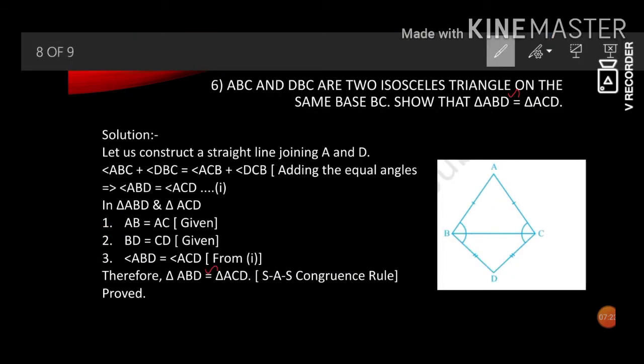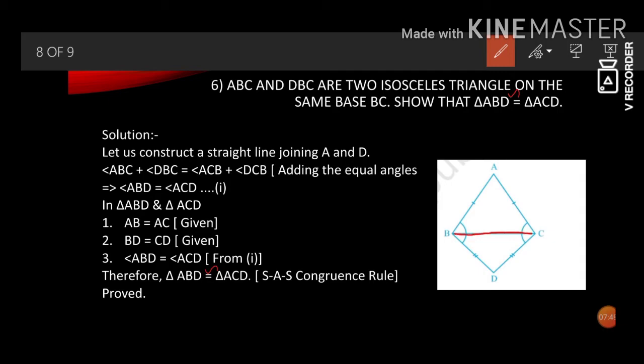Next, question number 6. We have ABC and DBC are two isosceles triangles. That means the side AB is equal to AC and the side BD is equal to DC. These two sides are equal and each of the triangles is isosceles, and they happen to be on the same base BC.